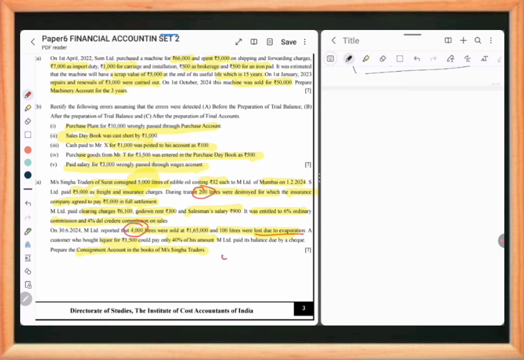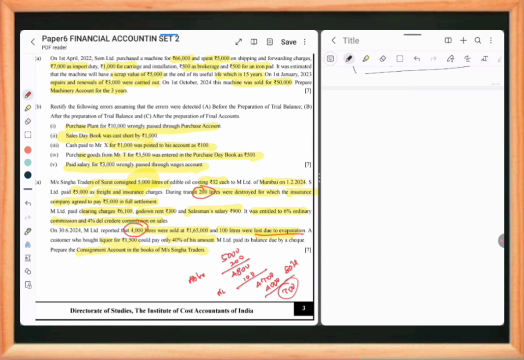So 5,000 he has sent. 200 liters are abnormal loss. So 4,800 liters. Out of that, 100 liters is normal loss. So 4,700 liters. Out of that, 4,000 is sold. What will be the closing stock? 700 units will be the closing stock.